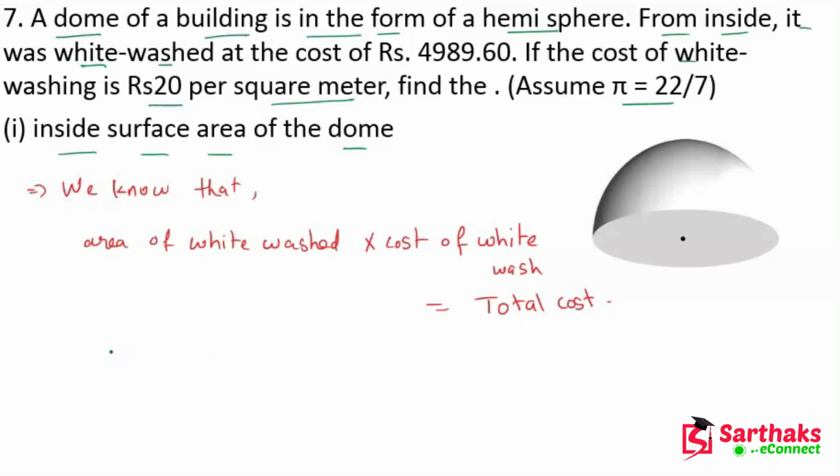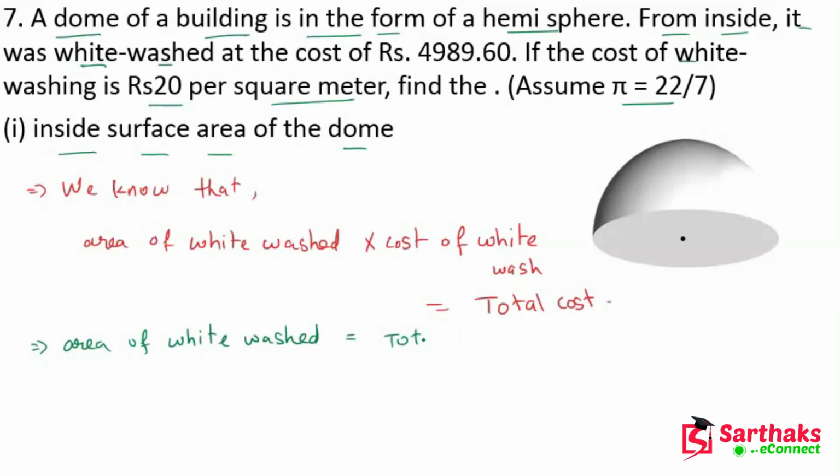Okay, so now here area of whitewashed is equals to, it means we can write total cost divided by cost of whitewash.